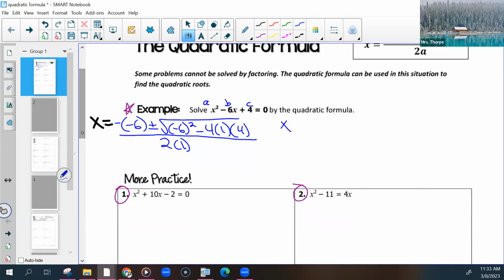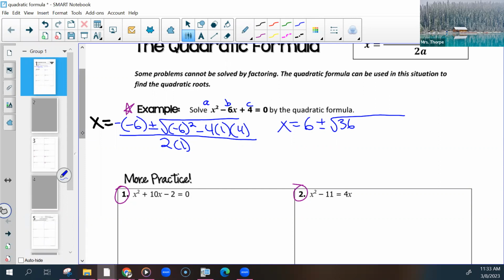For each step, you should still have x equals. This becomes a positive 6 plus or minus. Negative 6 squared becomes what? Negative 6 times negative 6 is 36, positive 36.